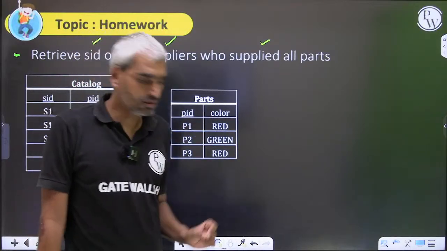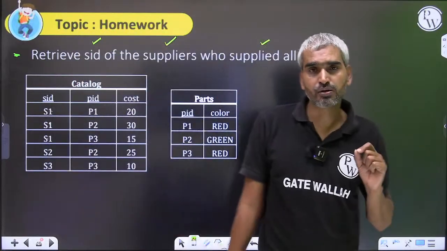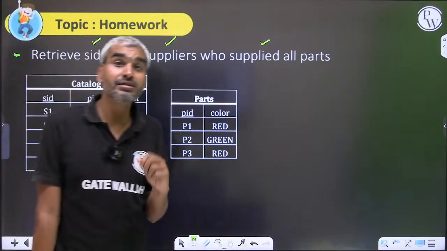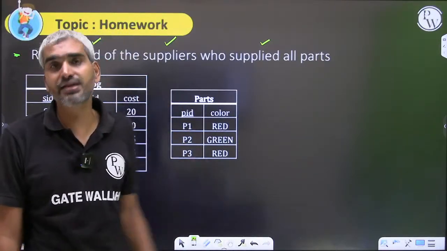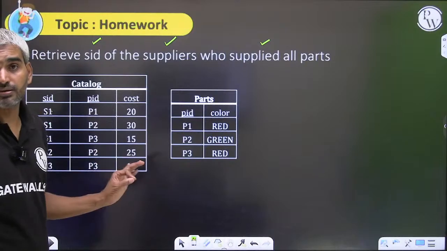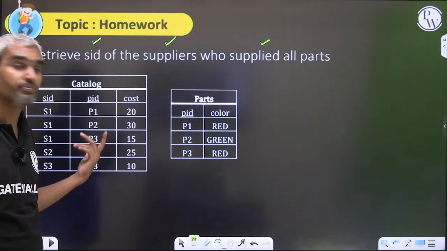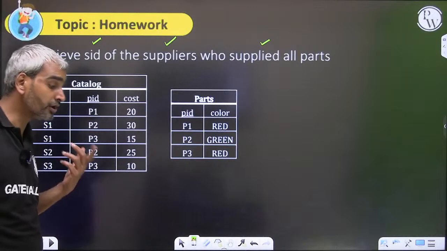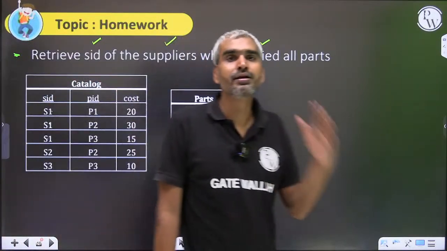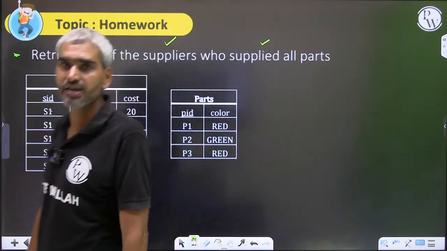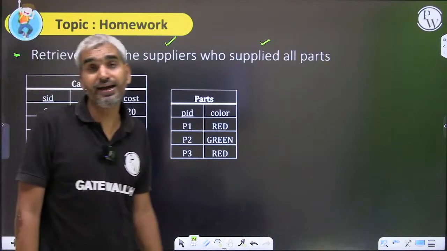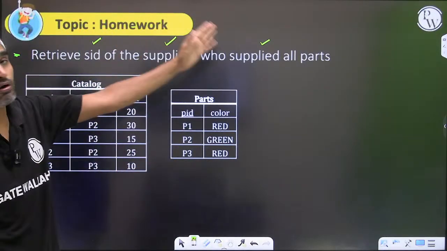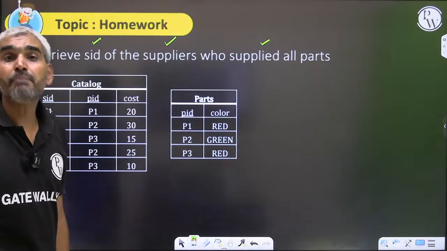If you want to answer difficult questions asked in the GATE exam, you must understand the process, how exactly that particular thing is done. And that's what I'm trying to explain. I'm not here to give you the formula for division. I'm going to give you an intuition of how exactly the division operation is derived and how exactly it will provide the SIDs of the suppliers which are associated with all the PIDs of the part table.